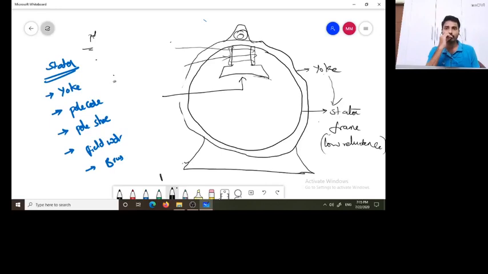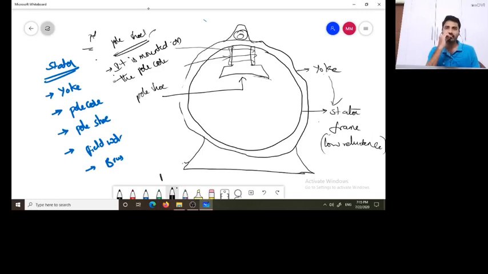It is nothing but a pole shoe. It is mounted on the pole core, or it is supported by the pole core.